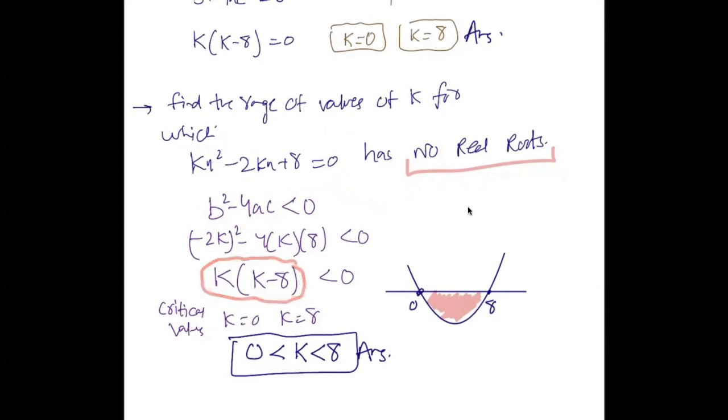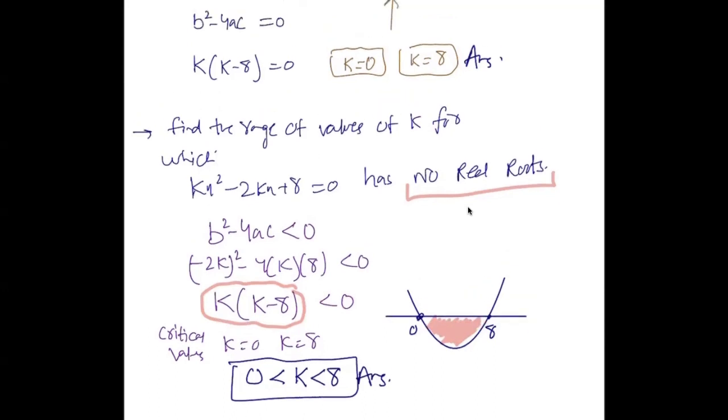You factorize it and you get k times k minus 8. The critical values are the same, 0 and 8, but this time you want to find those values of k for which your curve is less than 0. Less than 0 means this region below the x-axis. So the values of k that are acceptable are from 0 to 8. So k must be greater than 0 and less than 8.